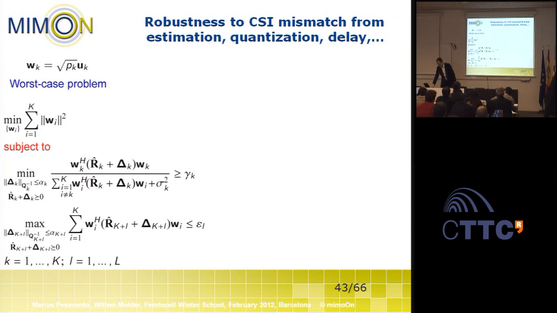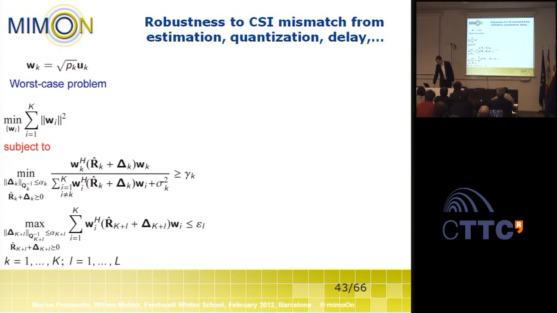Of course, we need to limit the errors, and we limit them by considering only those mismatches within some ellipsoid. So this gives us a robustness to the beamformer design.